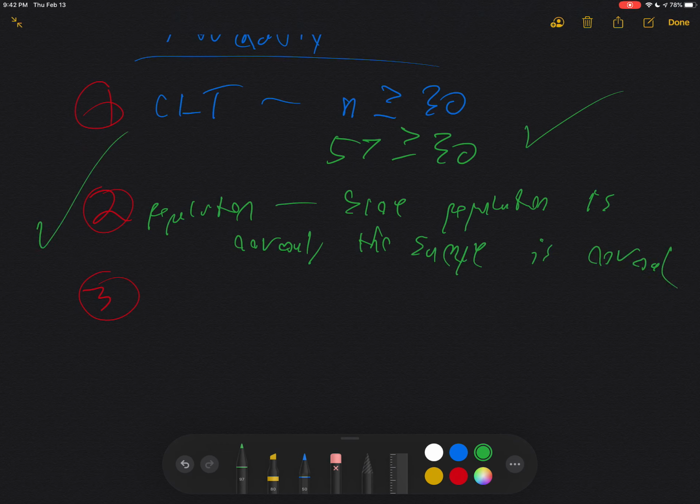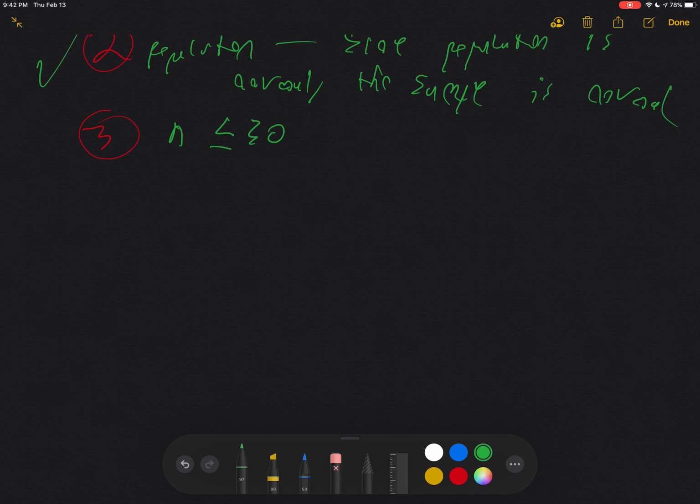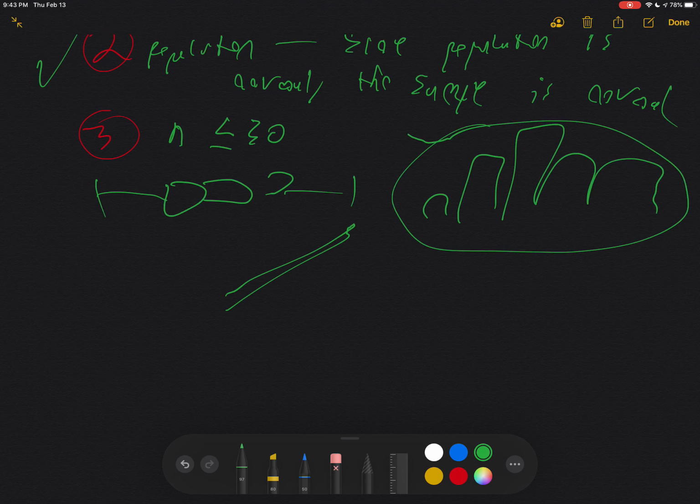The third one is the hardest one, and you'd honestly hope this is on the quiz. If n is less than 30, then you're going to have to graph your data. You can do this through histograms, or bar charts, or this weird thing called a normal estimator. But I would just graph it in a histogram right now, because that would be the simplest.